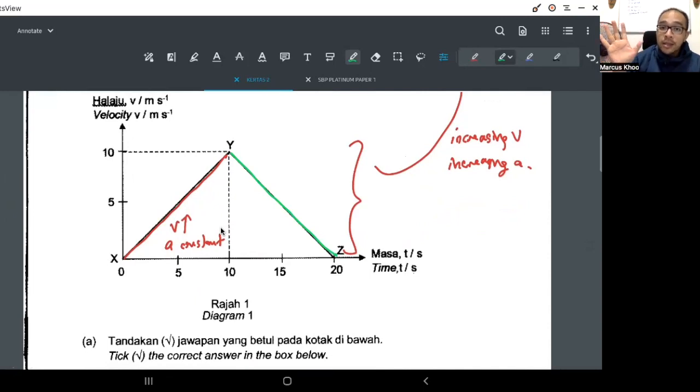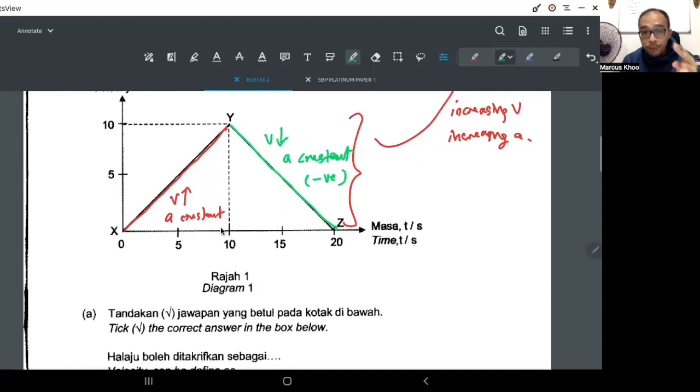But it is a constant deceleration. So V is decreasing, but the acceleration is a constant value, but it is a negative value, because the velocity time graph tells us two very important pieces of information. The gradient tells us the acceleration. So if the gradient is a straight line, then the acceleration is a constant value.